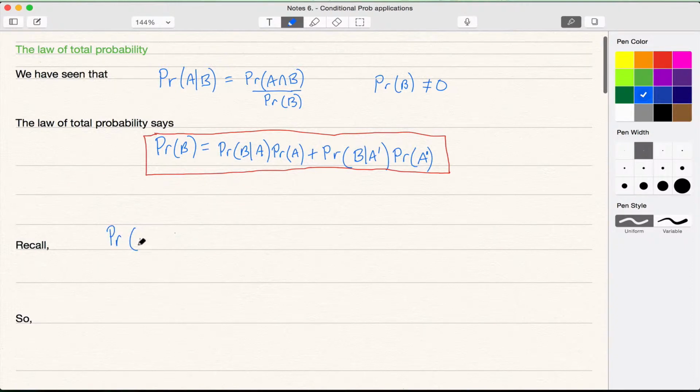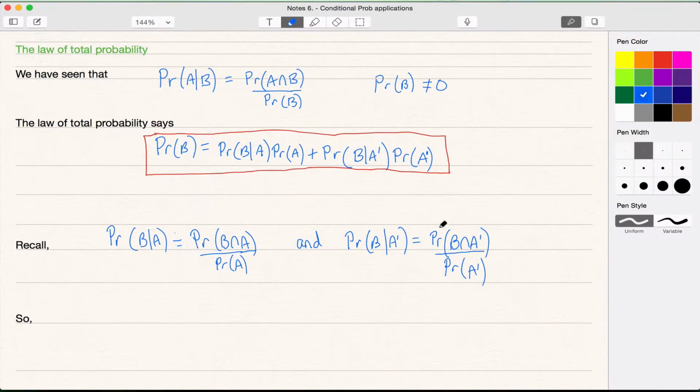The probability of B given A, you should recall, is equal to the probability of B intersect A over the probability of A. And you will also recall, using the same formula, that the probability of B given A dash equals the probability of B intersect A dash over the probability of A dash.